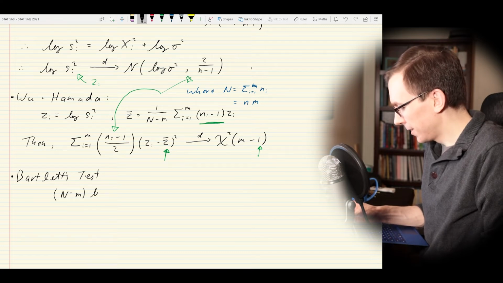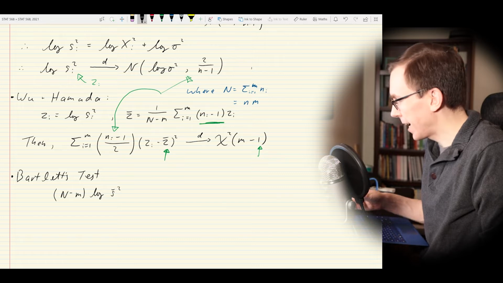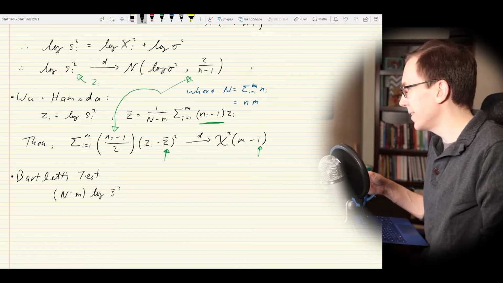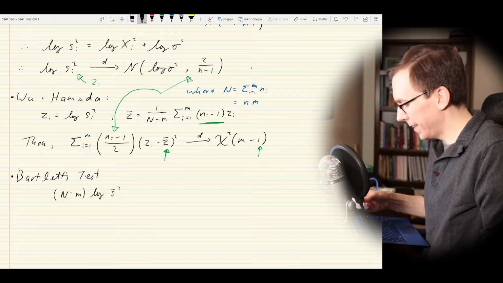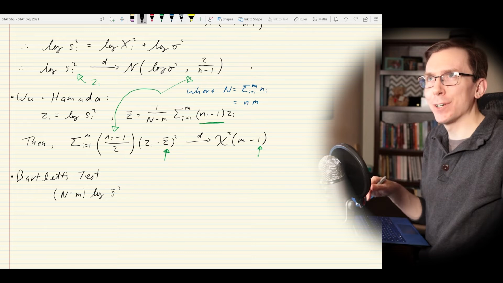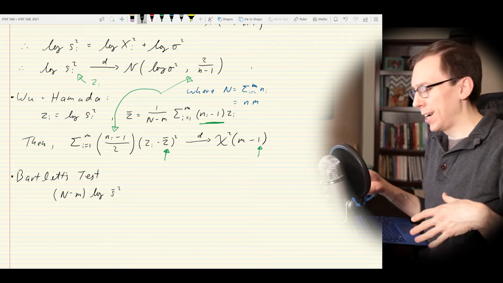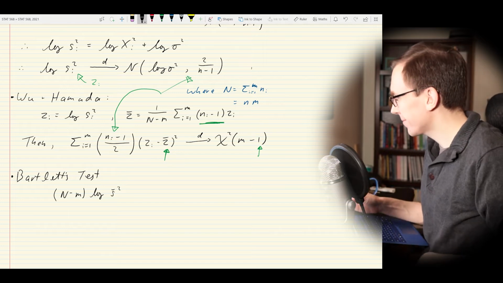It's going to look like the log of S bar squared, which is the average of the sample variances, so slightly different than Z bar. Z bar is the average of the logs, whereas this is the log of the average, right?